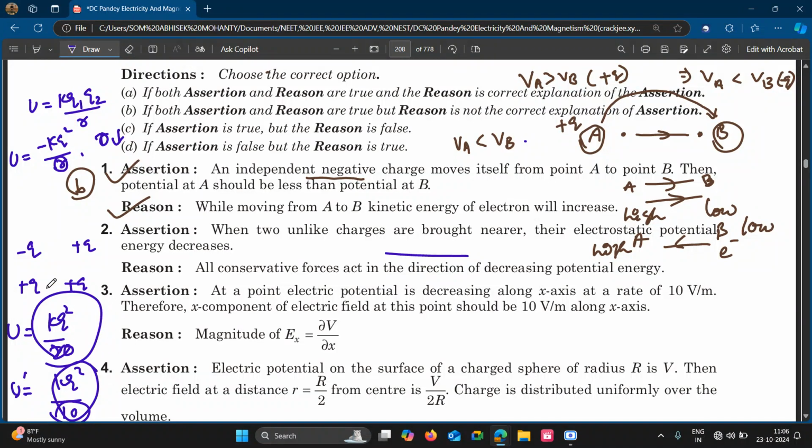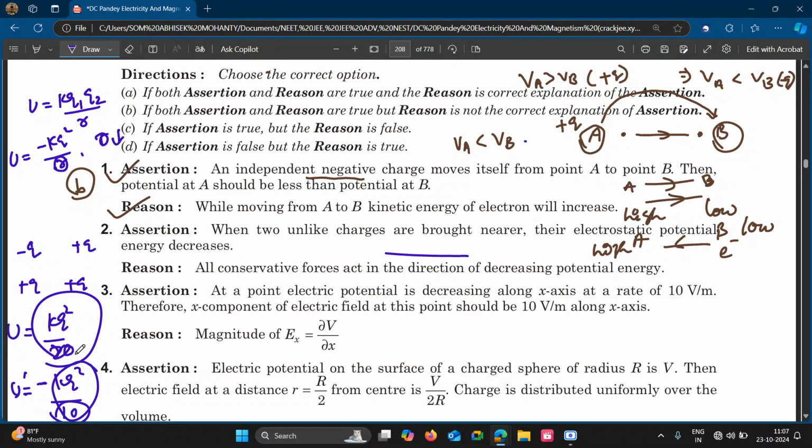But if there was a negative sign here, has it increased or what? It has decreased. This is minus 10 actually. Minus 10 is less than 20.